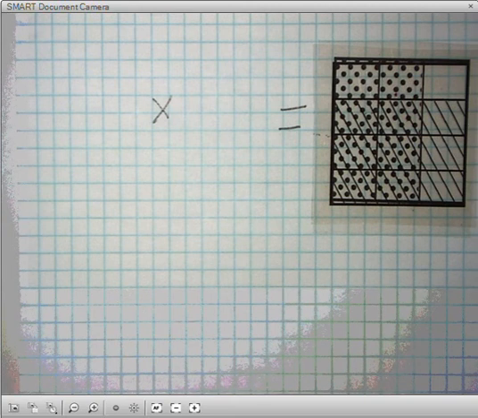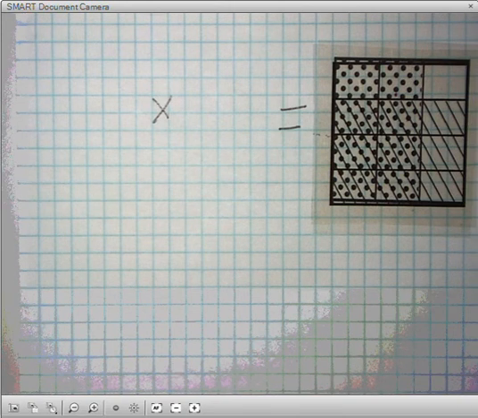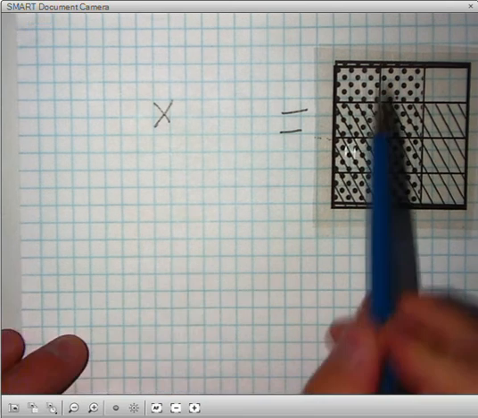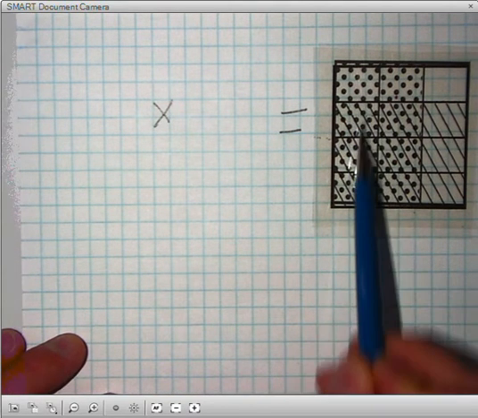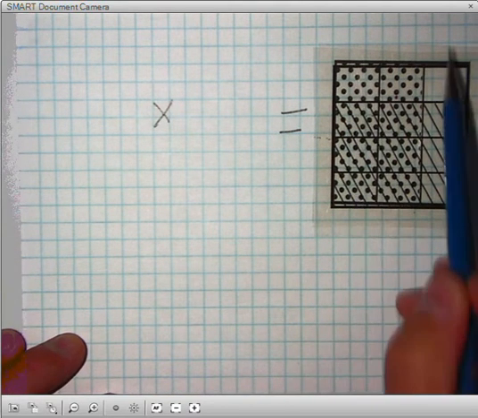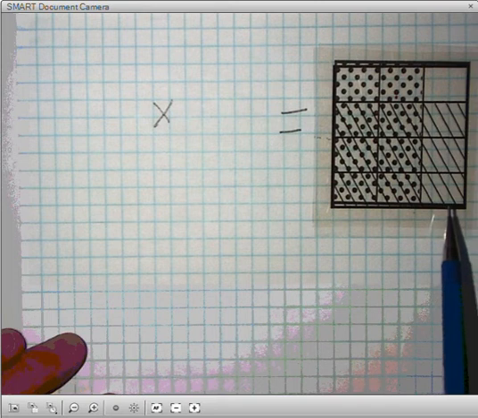Isabel, give me one of the fractions. 1/3. Now, is the 1/3 the polka dots or the stripes? It looks like the polka dots. It looks like there's polka dots going here, here, and here. So what fraction would that be?